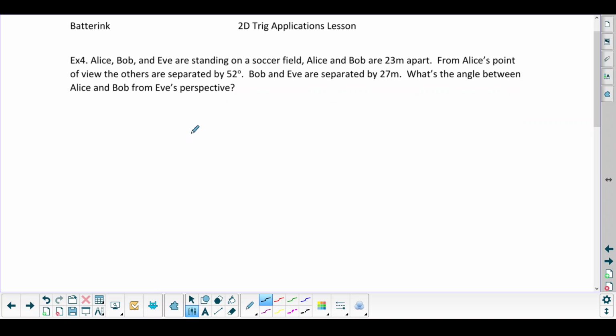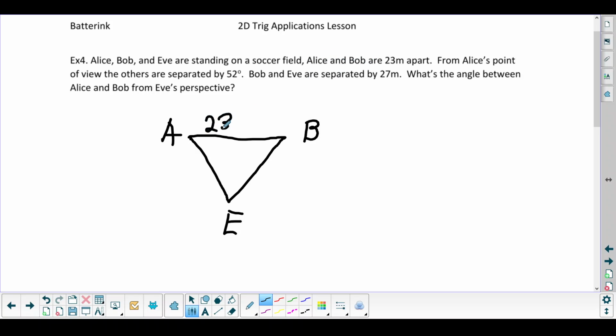Okay, so let's draw a diagram. So let's do A for Alice, B for Bob, and E for Eve. And we'll draw a triangle. No idea if this is an accurate representation of the situation or not. It's not that important. But let's start labeling things. Alice and Bob are 23 meters apart. So 23 meters. Alice's point of view, that's the angle at Alice.